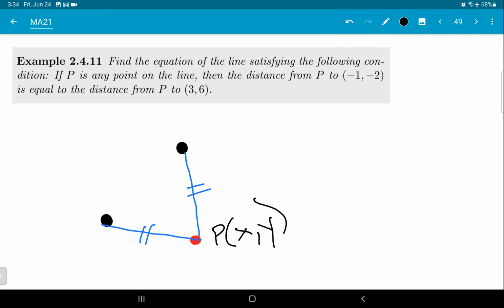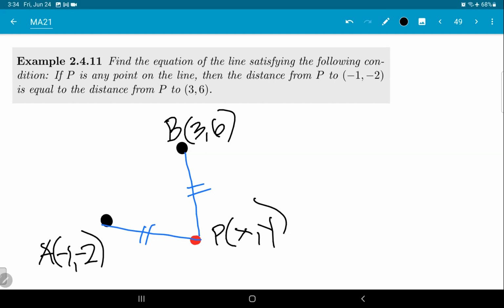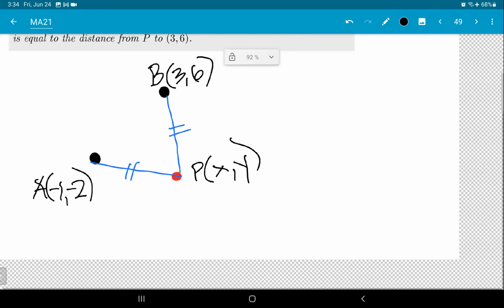We are told that the distance from P to either point is the same. So let's label the points. 3, 6, denote that by B, and by A, the point -1, -2. I hope you can hear me loudly and clearly.